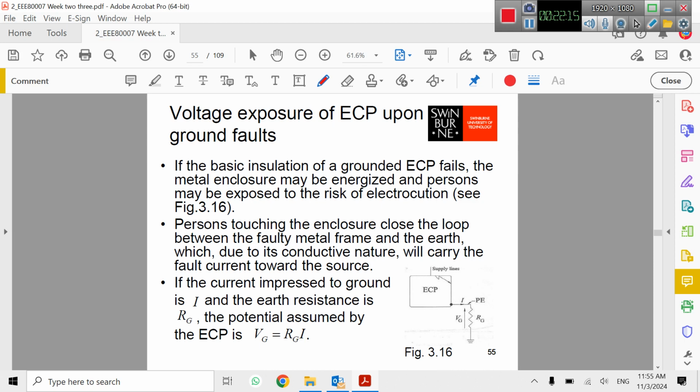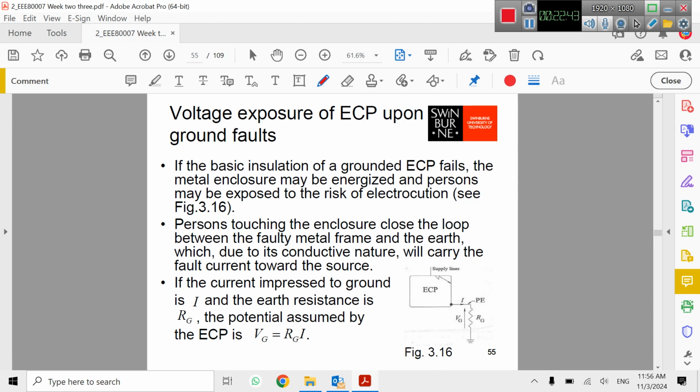Now we know how to calculate the RG, or the resistance of the ground, and we are going to find out the voltage exposure of ECP upon ground fault. If we have a ground fault, what is the effect on ECP, which is the case of a washing machine or any metallic case or any other metallic equipment around you.